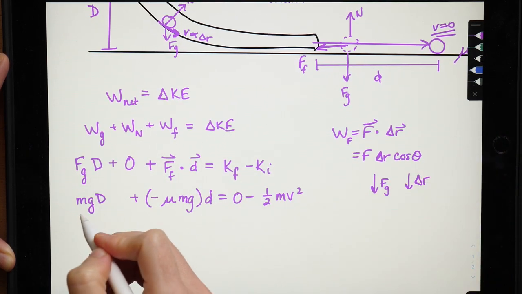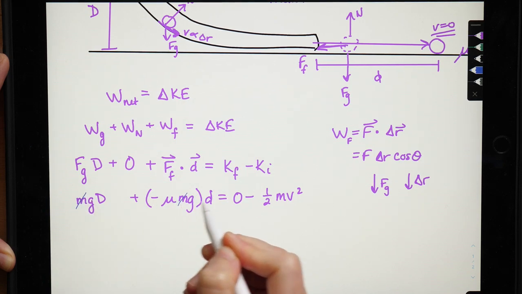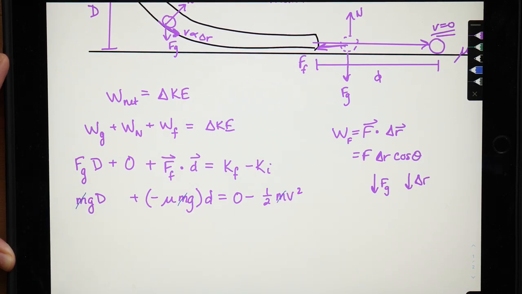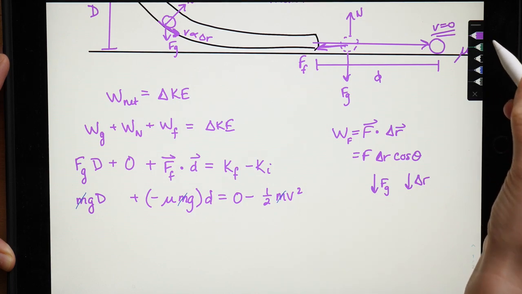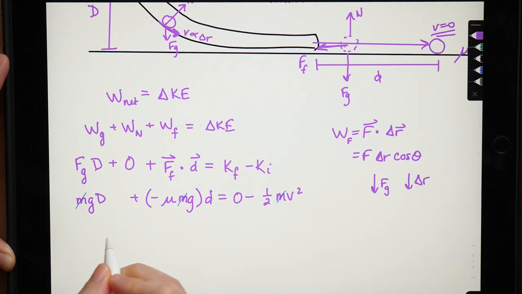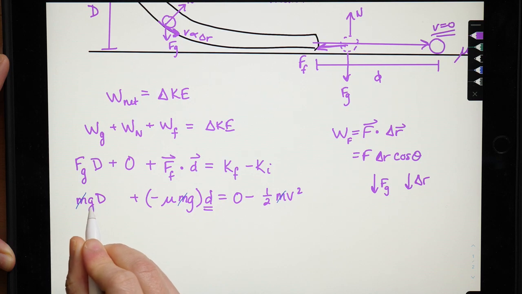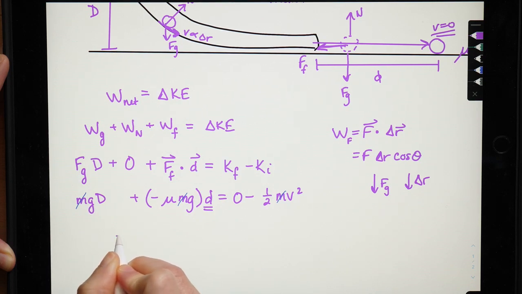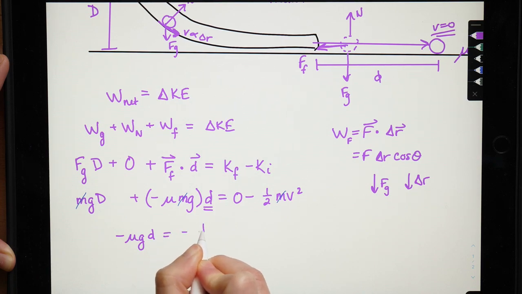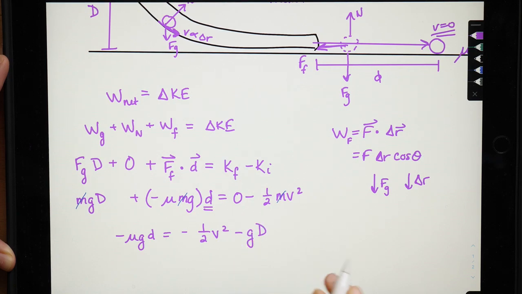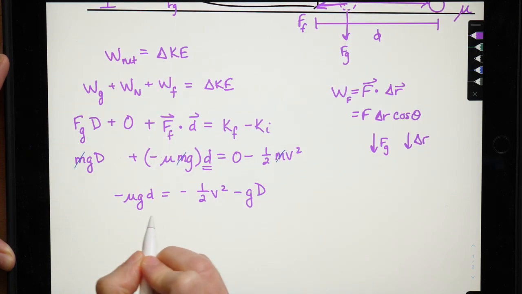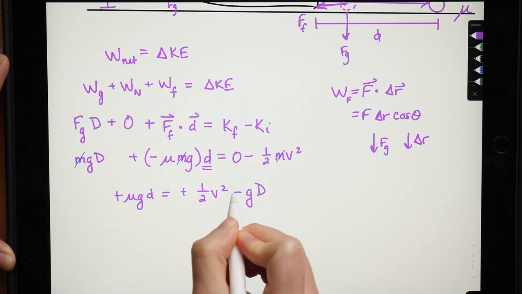So at this point, we see that the mass of the zebra cancels. And we're solving for small d, so I'm going to move g d over to the other side. So we have minus mu g little d equals minus 1/2 v squared minus g times d. Let's do the negative sign, everything becomes a plus.